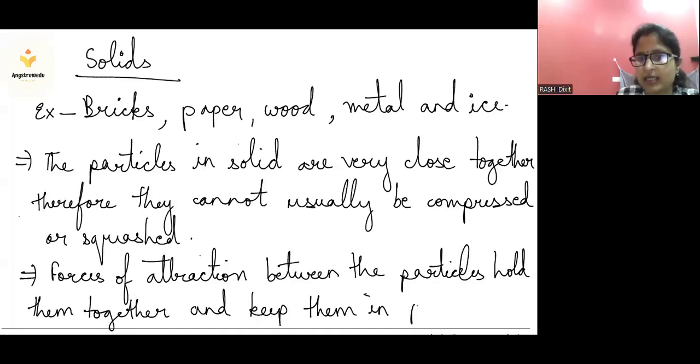And that is why it is not possible to compress them. So solids cannot be compressed.